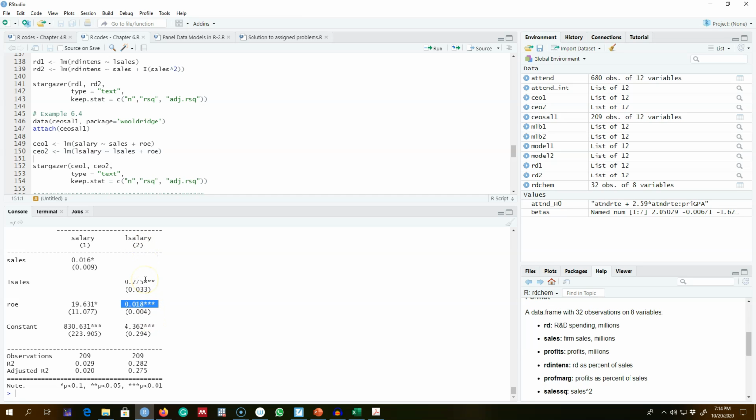Because this model has variables that are more statistically significant, we will probably prefer the second model over the first model. So that's how you use R squared and adjusted R squared to compare different models and compare the goodness of fit across different models.